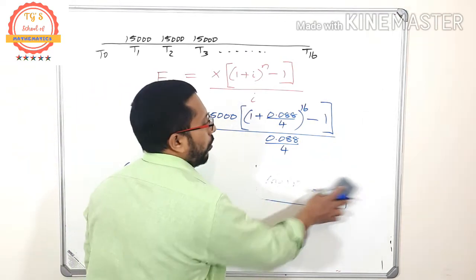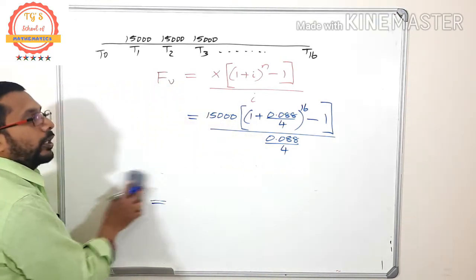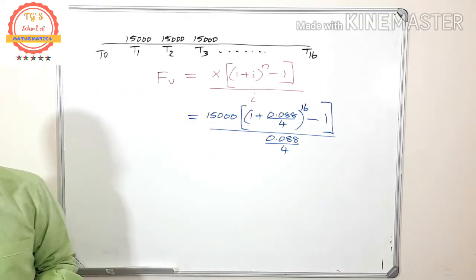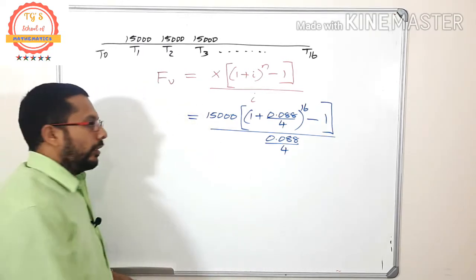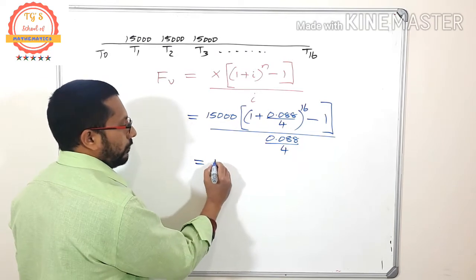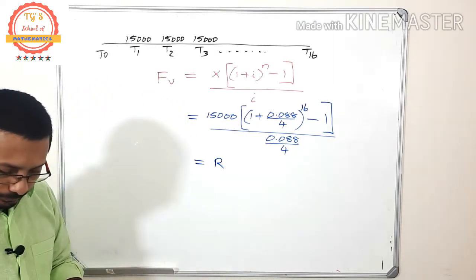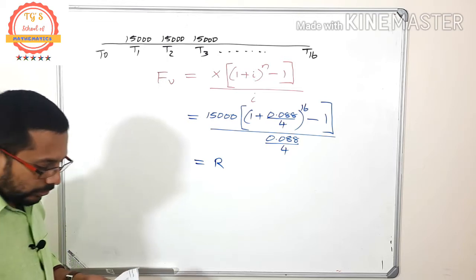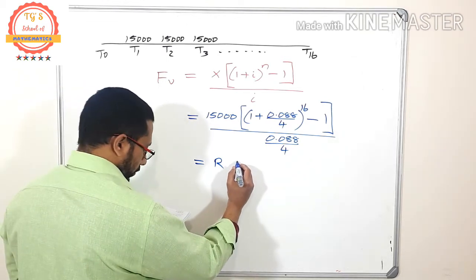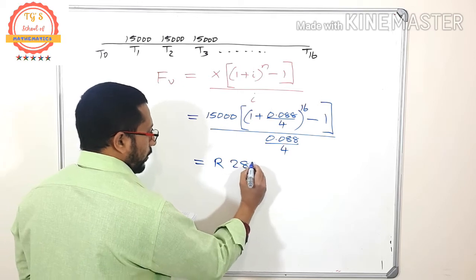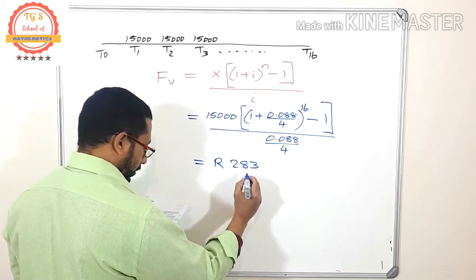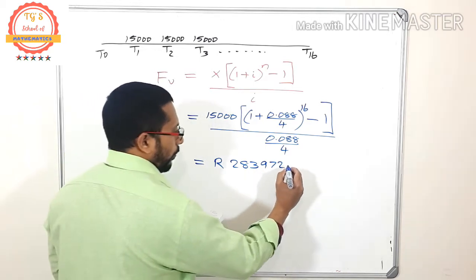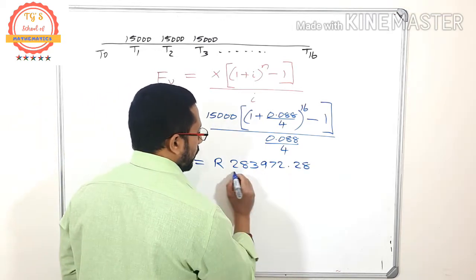So now what you have to do is take your calculator. I hope all of you know how to operate and how to type exactly like this in your calculator. So please take your calculator and try to find the final answer of this one. In my calculator I got 283,972.28.